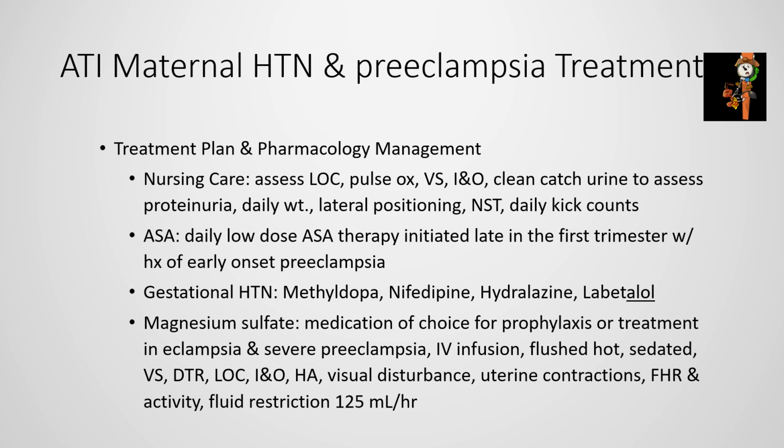Low-dose aspirin can be effective to minimize the effects of preeclampsia early on. Okay, so that's a good thing to remember. So gestational hypertension is not preeclampsia. Gestational hypertension just means I happen to have high blood pressure during pregnancy.